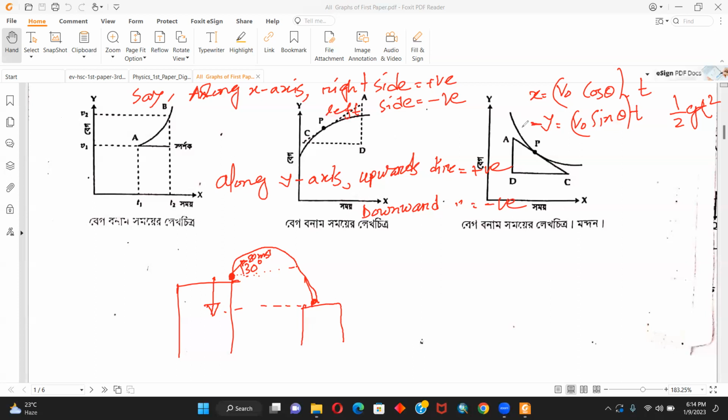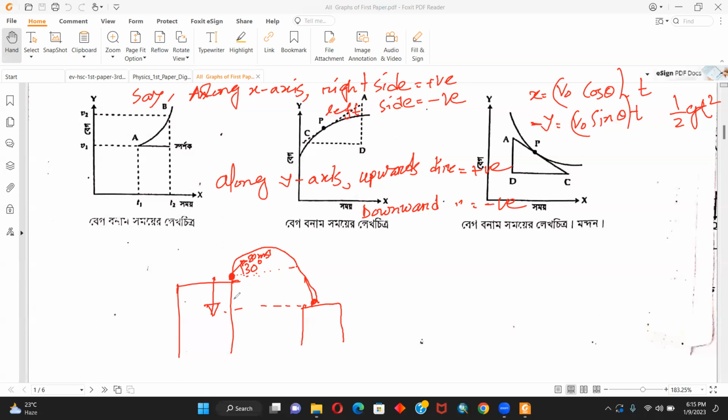But previously, what did we see? That all the time y is positive. Why? Because we were always calculating the upwards direction change, or change in height. But in this scenario, it's going in the downwards direction, so it will be negative. Got my point?